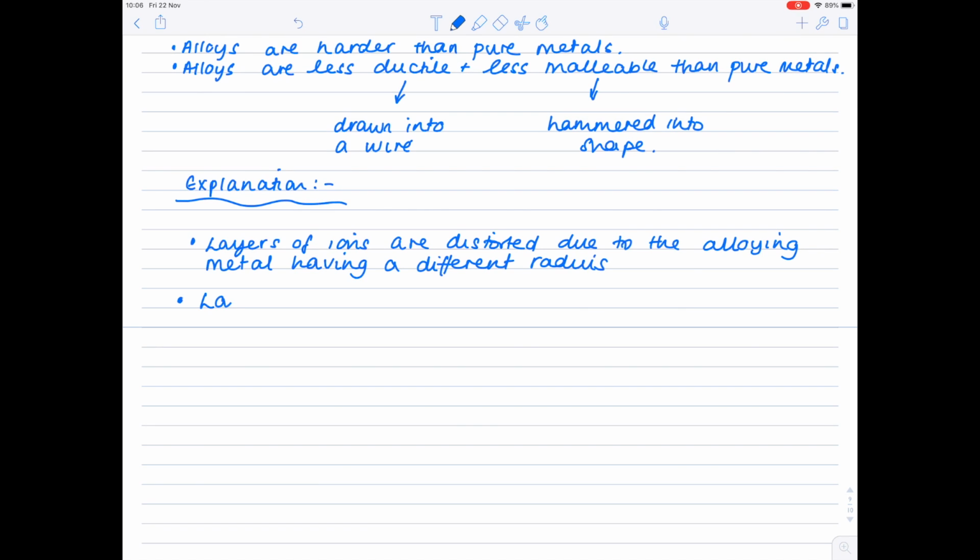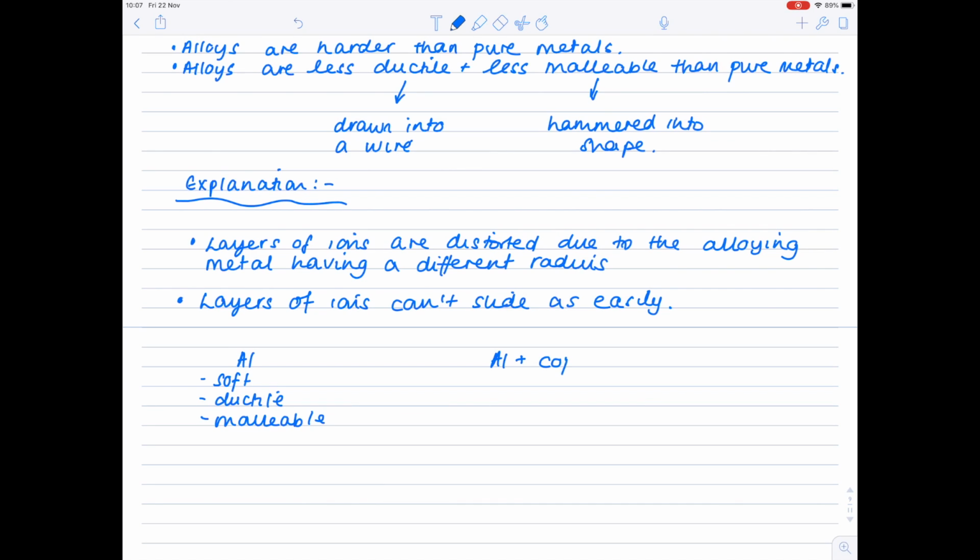Therefore, the layers of ions can't slide as well or as easily. And if we look at an example of the alloy being harder than the original metal, aluminium is soft, ductile, very malleable. If we add copper to it to produce an alloy, we have a much harder substance which is less ductile and less malleable.